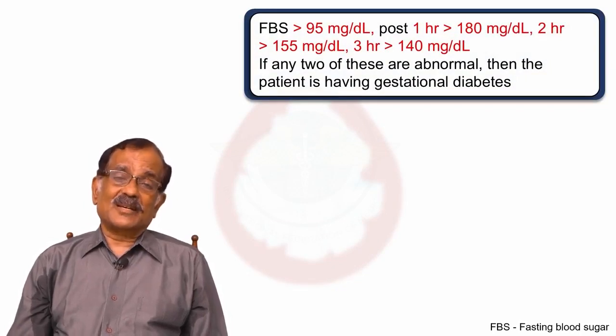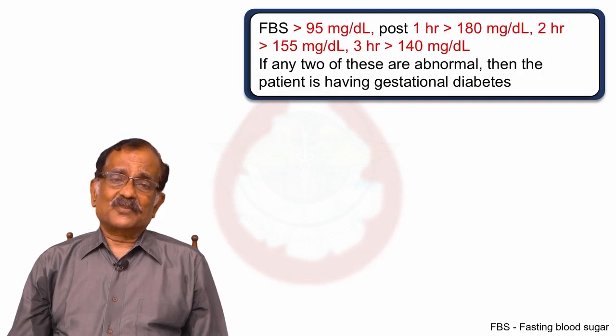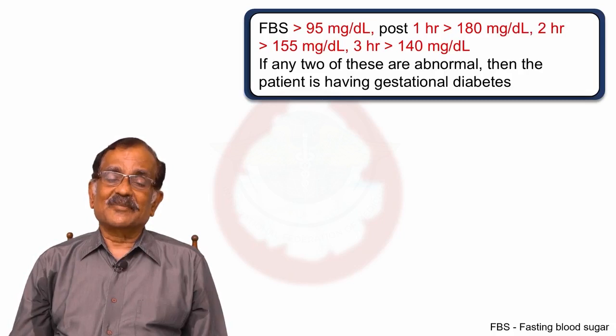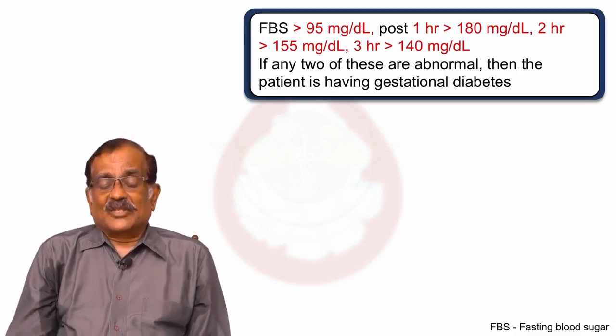If any 2 of these 4 values are abnormal, then the patient is having gestational diabetes. Now there will be confusion, which one should I follow? I think you have to make your own decision in your clinic, what is the one which is convenient for you, convenient for the patient. You select one and stick to it. That is what my suggestion is.